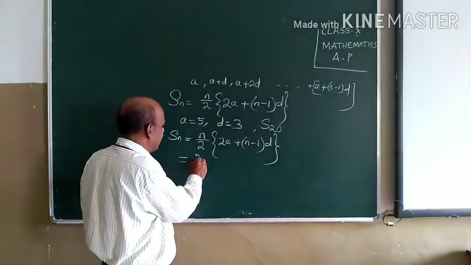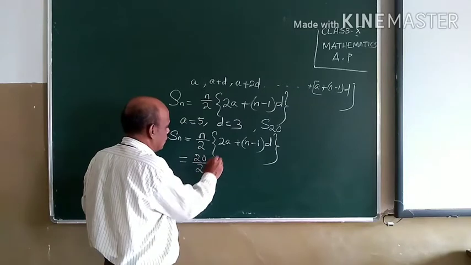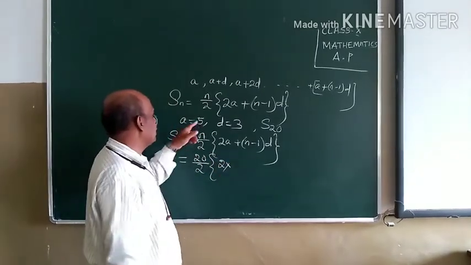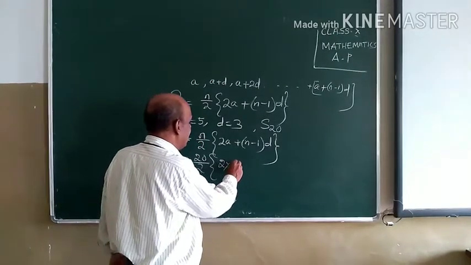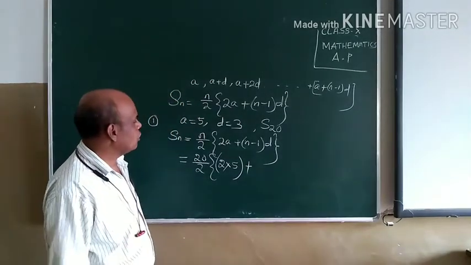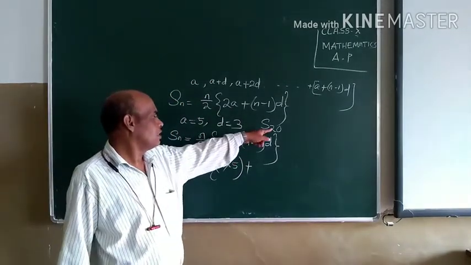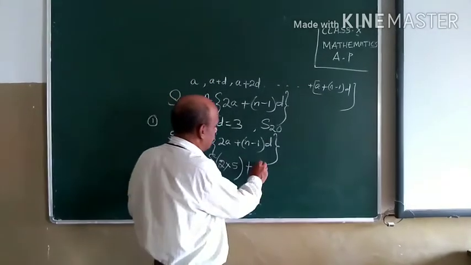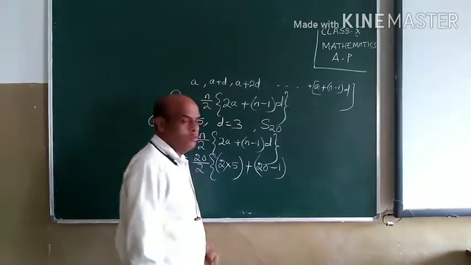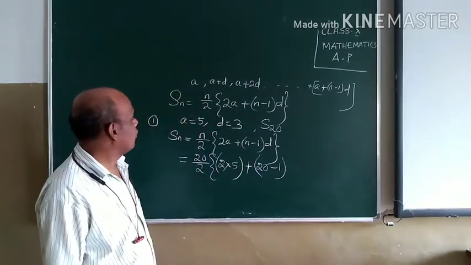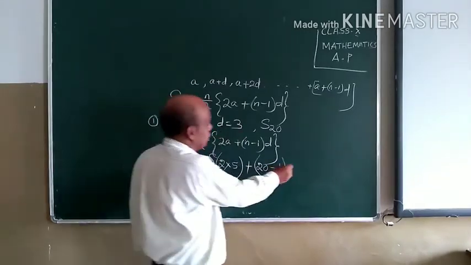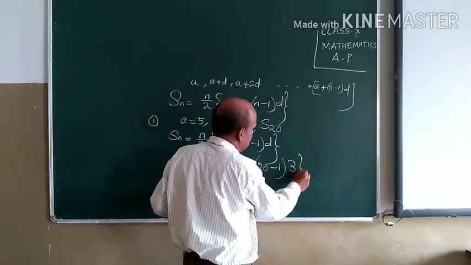So we write 20 by 2, then 2a, that is 2 into 5, plus n minus 1, where the value of n is 20, so 20 minus 1, into d. The common difference d is given as 3.